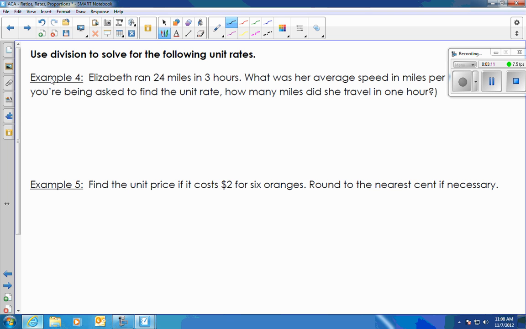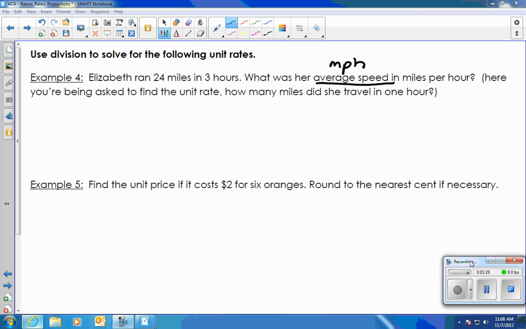So for example, Elizabeth ran 24 miles in 3 hours. What was her average speed, which means miles per hour? So we're being asked to find the unit rate. How many miles did she travel in 1 hour? So in the future, you might not have this extra information there. You might just be asked, what's her average speed? And you'd be expected to know that that means we're looking for miles per hour.